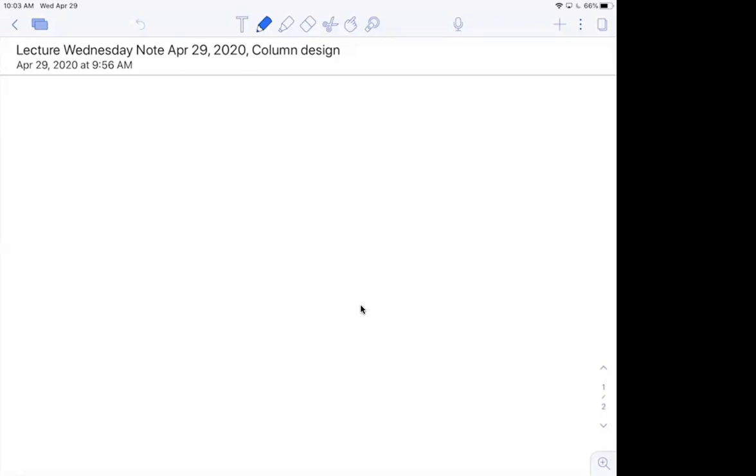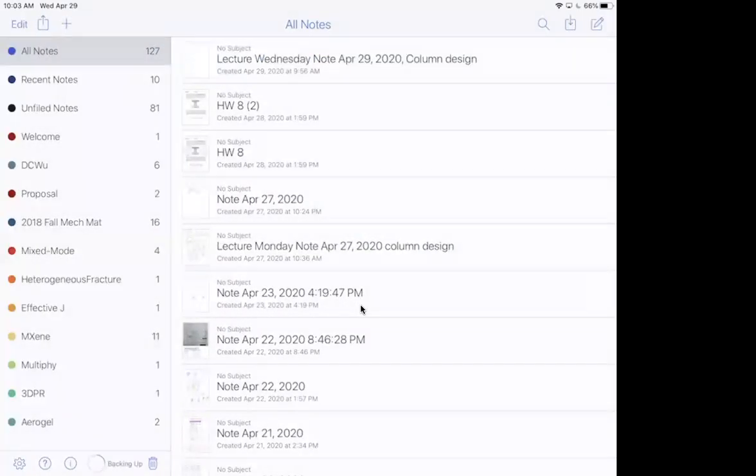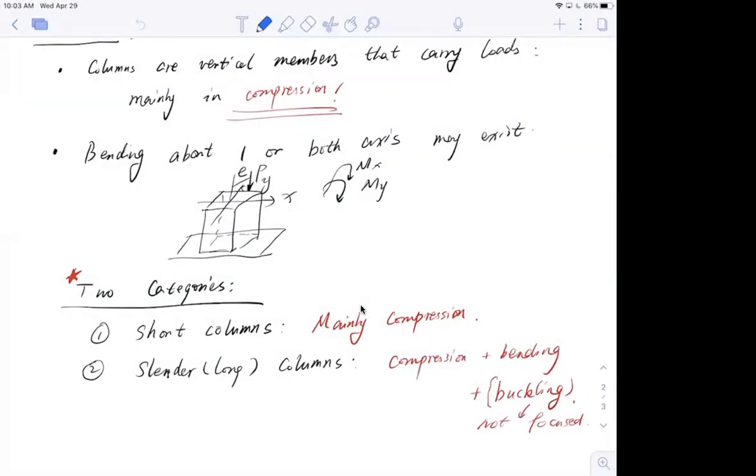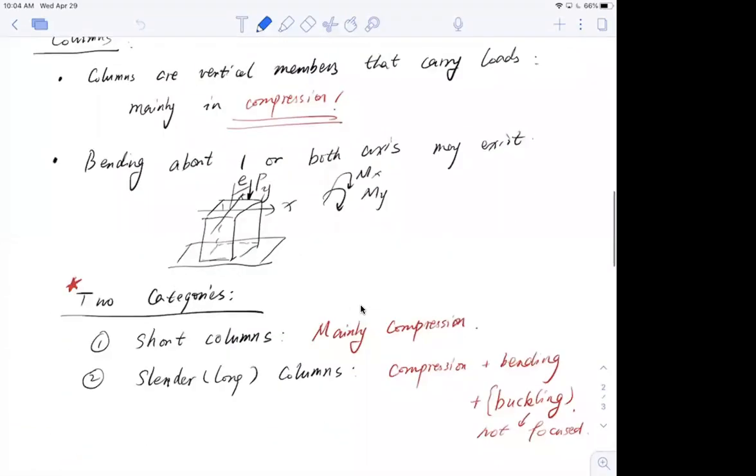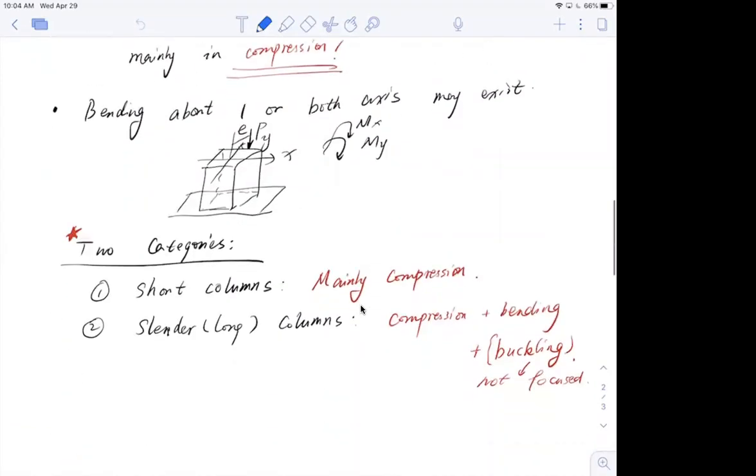So now let's continue our lecture, which is on the column design, okay? So quick recall, last time we mentioned several different columns, right? So let me go back to see this. Last time we were focusing on the short columns. We have the short columns meaning compression, cylinder column, compression plus bending, and we have the buckling.